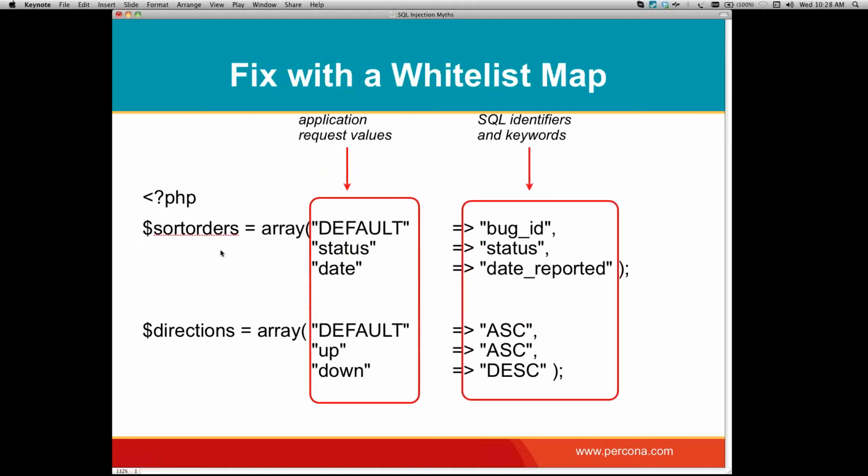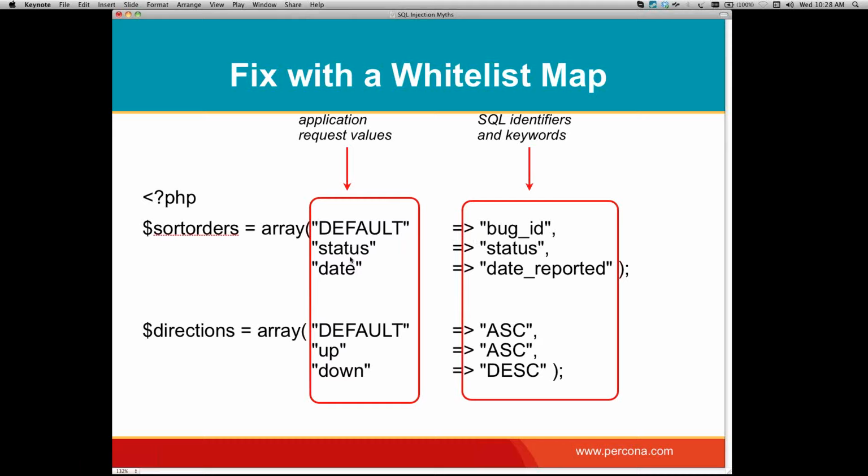For each one of those distinct inputs, the sort order and the sort direction, we could declare a mapping array that maps the values that are being given by the application request, that is, those values that are given in the URL request, and the corresponding value that we want to interpolate into the SQL string itself.